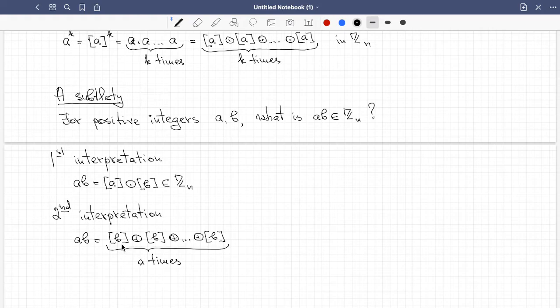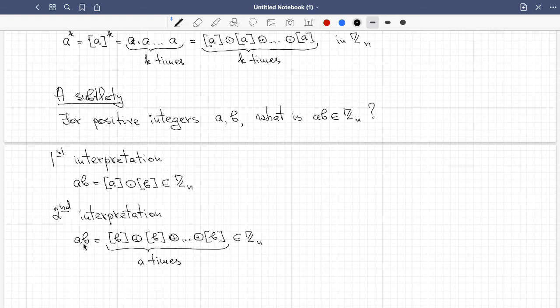Again, the class of B is an element of Z modulo n. We can add these elements and times. This is also an element of Z sub n. So here we think about A as a class and use the operation dot and circle in Z mod n. Same about B. We think about both of them as elements of the set Z mod n. This is a finite set, a set of n elements.